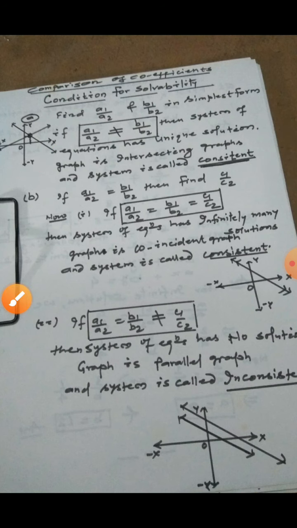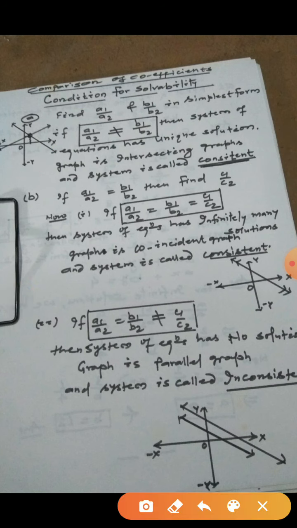Okay students, now let us consider the second situation, when after calculation of a1 by a2 and b1 by b2 separately, in simplest form they are equal. Because we have considered not equal, now we will consider that they are equal.